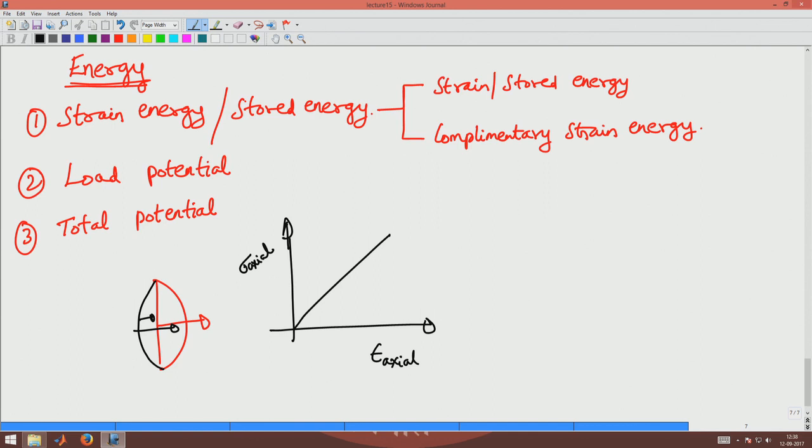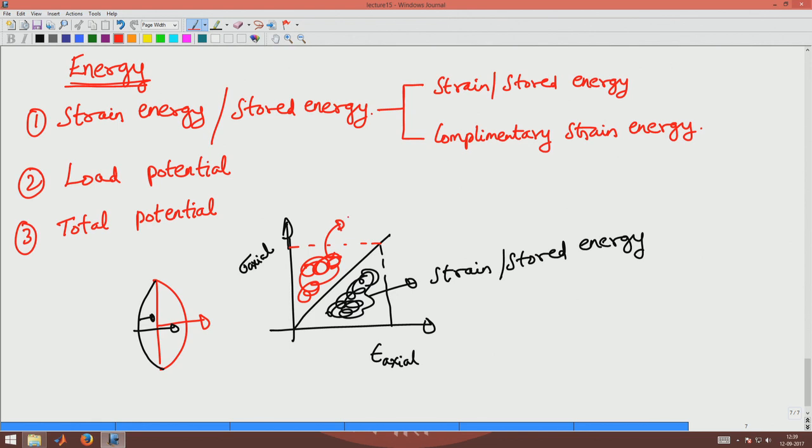Okay. Now, I have two options. I can compute the area under this curve, that is called as strain or stored energy, or I can compute the complementary of it, which is this area.